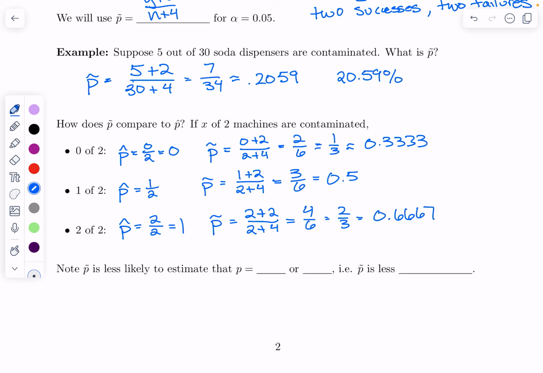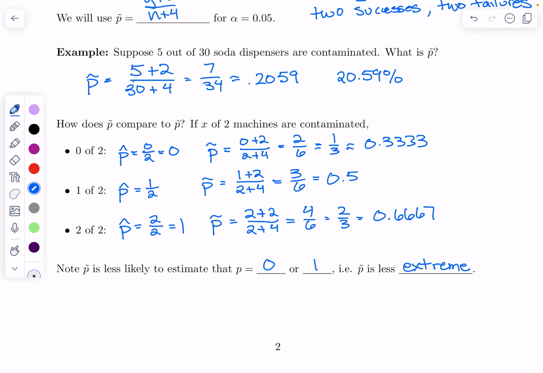So we'll note that p tilde is less likely to estimate that p is 0 or 1. So p tilde in general is less extreme. It is going to push our proportions a little bit closer to 50%.